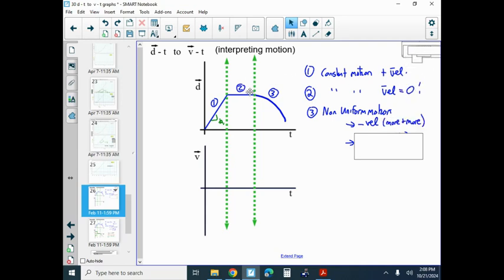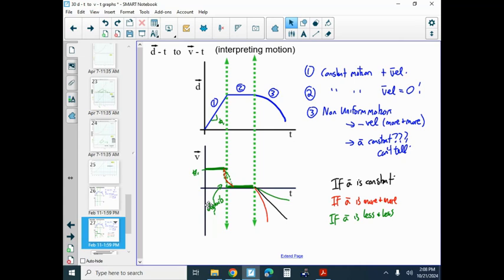So the velocity is changing more and more, obviously, because we're going to steeper and steeper slopes, right? So it might look something like this, where it's at a set value, this number, and then it's at 0 for a while, and then it is either changing constantly or changing less and less or more and more, right? That should be stuff you should be able to do at this point. I showed here the idea of, is it changing instantly? No. So maybe it's changing where it's more and more or less and less, something like that.